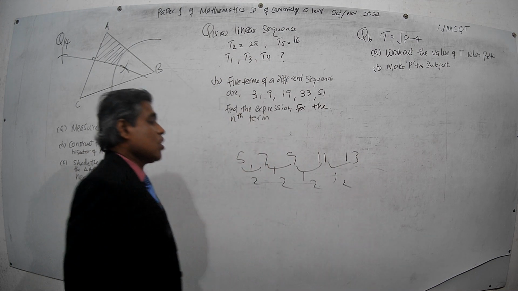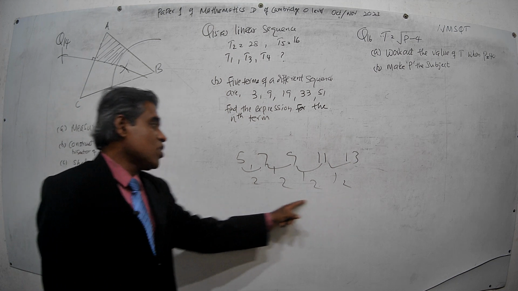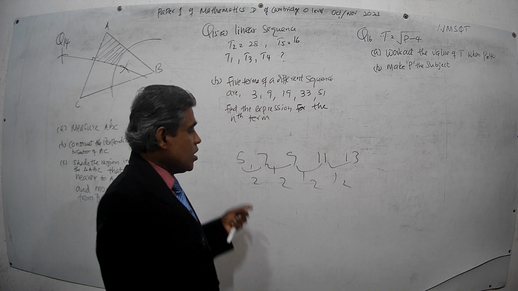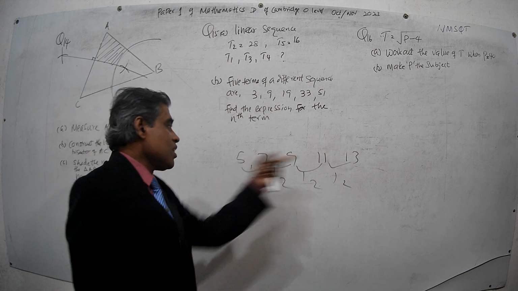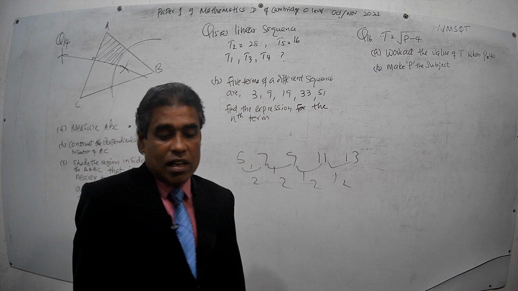There's a fixed common difference, which is called the constant common difference. That is the main property of linear sequences.